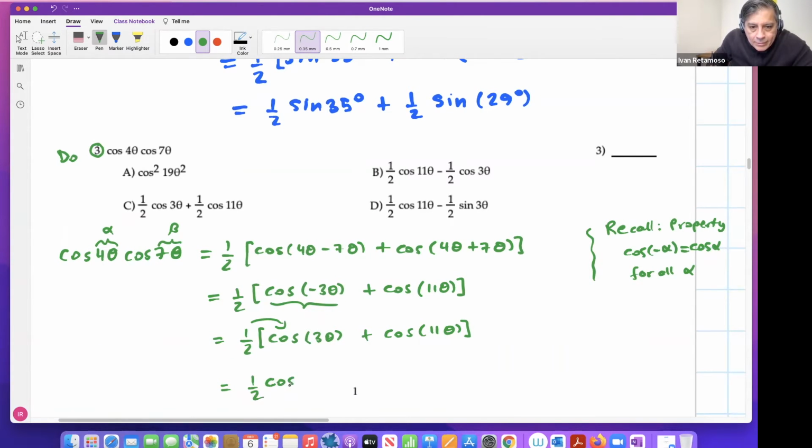This will be 1/2 cosine of 3 theta plus 1/2 cosine of 11 theta, right? And then look back for the answers, and you can see that this is this guy, 1/2 cosine 3 theta plus 1/2 cosine 11 theta. They have dropped the parentheses for the angle. You can see that, right?